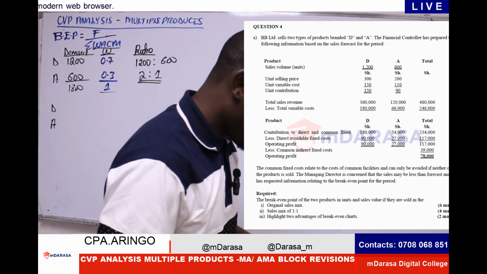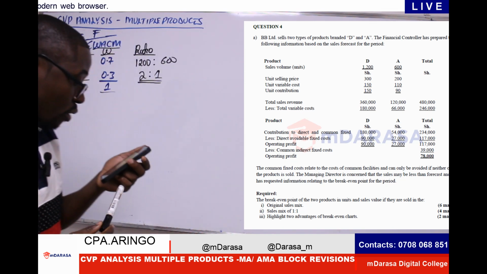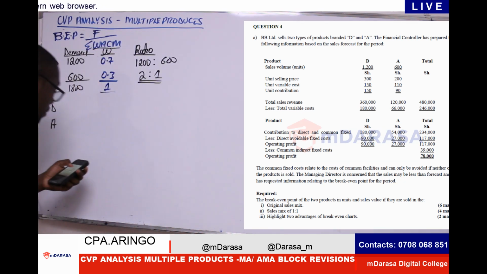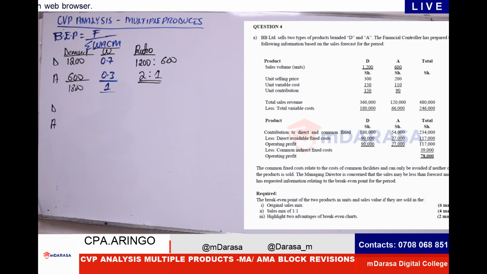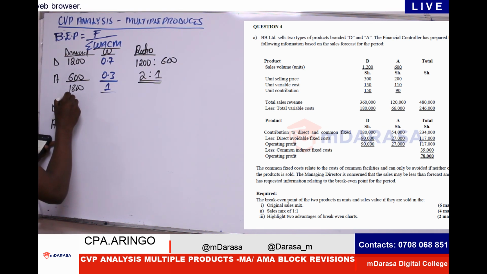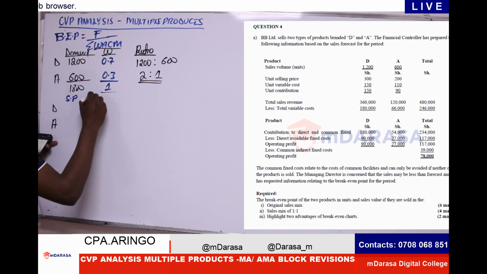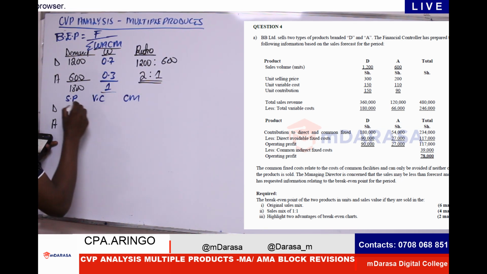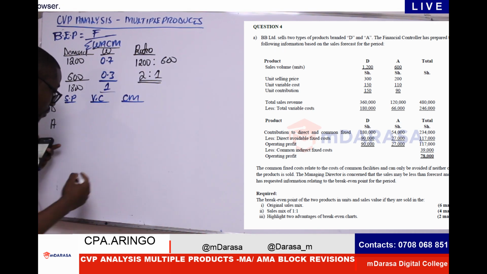If you go to our question, you can see we are given items which lead us to determine the contribution margin: our selling price and our variable cost, so that at the end of the day, this will give us a contribution margin.